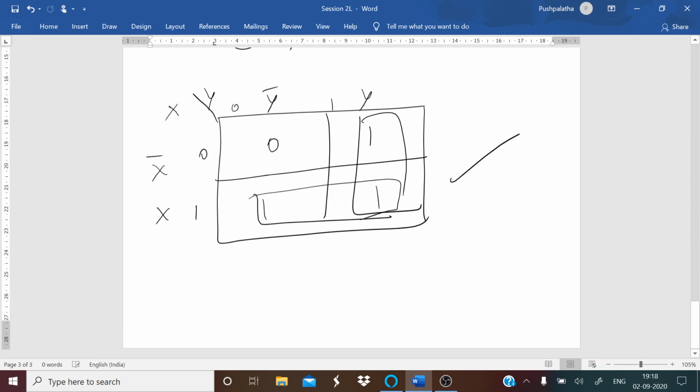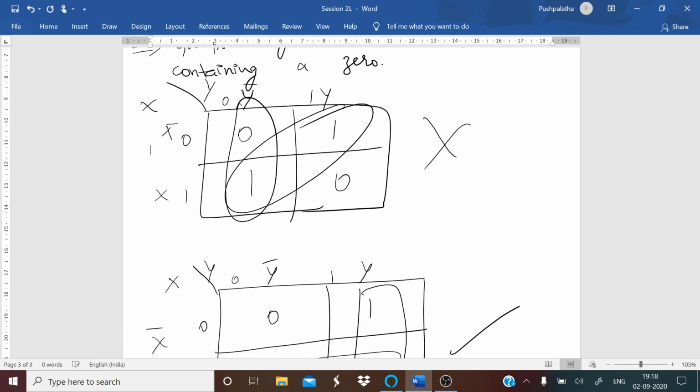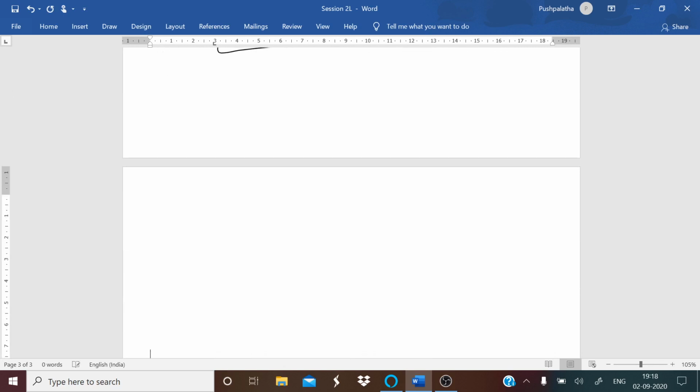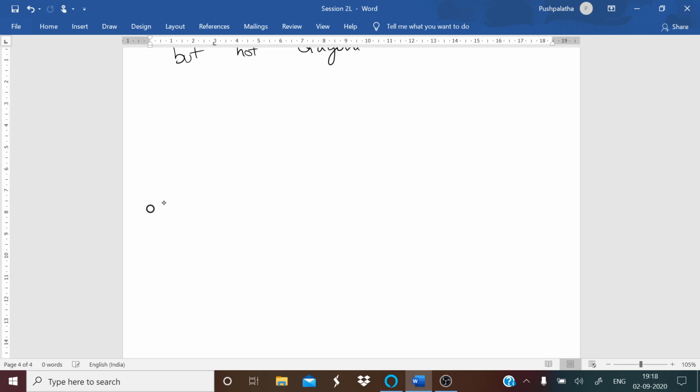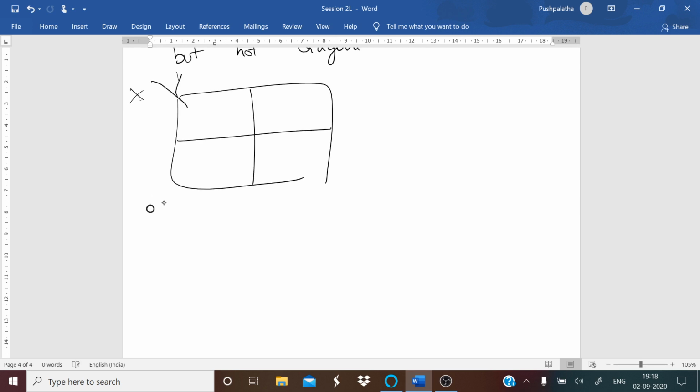So that is the second rule that you have. That is, groups may be horizontal or vertical, but not diagonal. Okay, so as we said here, if you have got a box x and y, 0 and 1, y bar and y, 0 and 1, x bar and x.